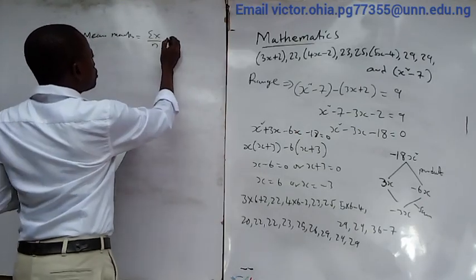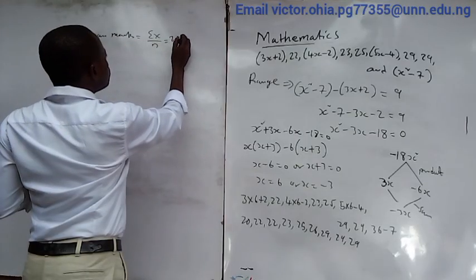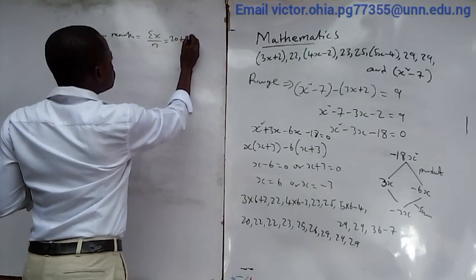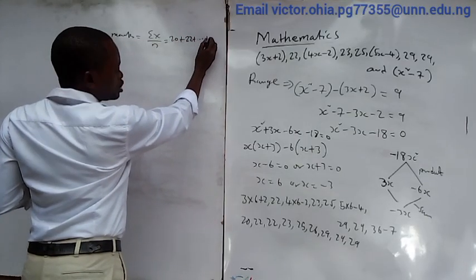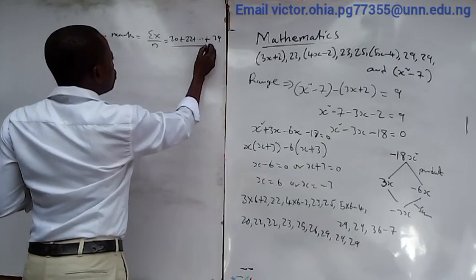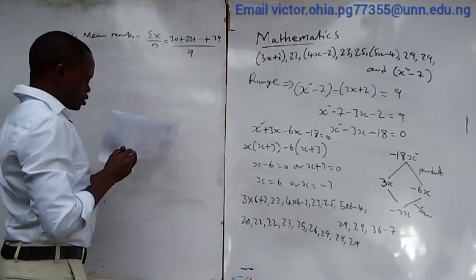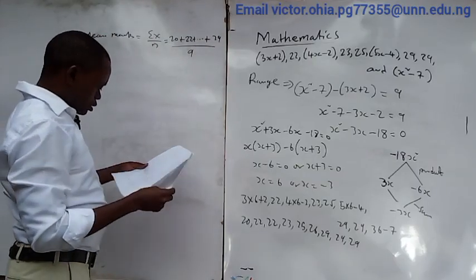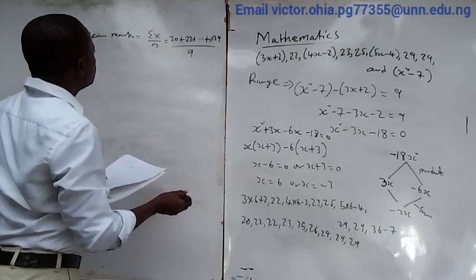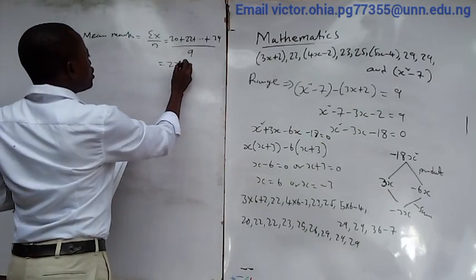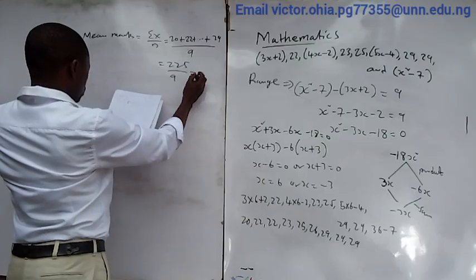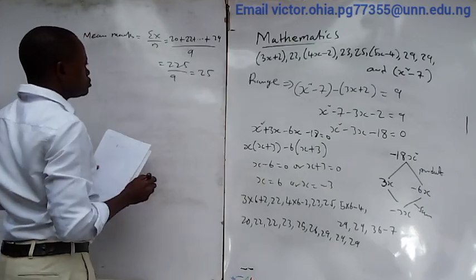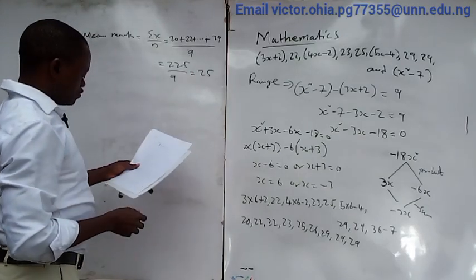So we are talking about 20 plus 22 plus dot dot dot plus the last one, 29, all over 9. That summation by my calculation gives me 225 over 9, which gave me 25. Okay, so the mean mark is 25.